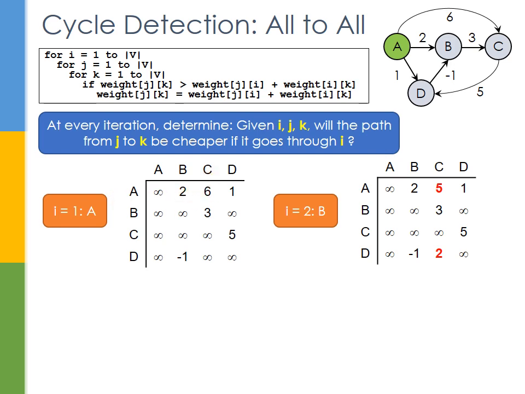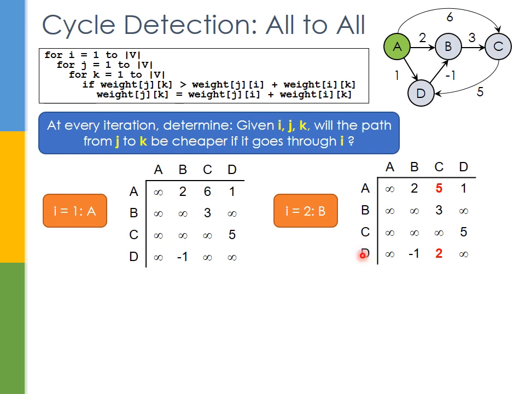So we see that if we move from A to C, but instead of using the direct connection, we now move through vertex B, we found a shorter path, and that path has a cost of 2 plus 3, which is 5, which we insert at that location, the intersection location, within our adjacency matrix.